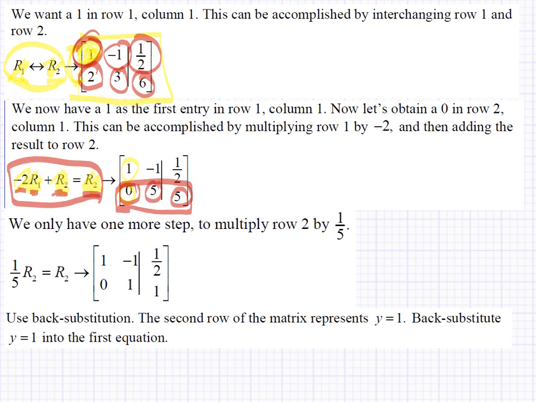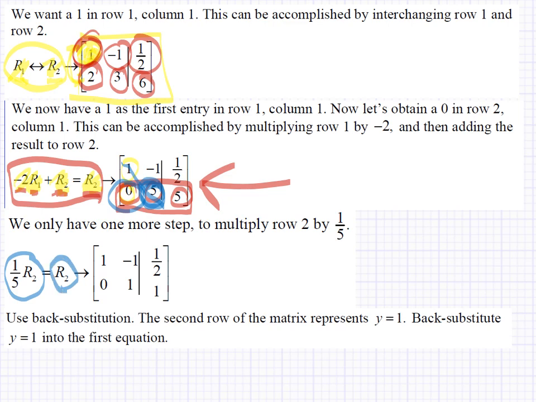So now this is the new matrix I'm working with. The next thing I want to do is get a 1 in this register so that I'll have 1s in the diagonal and 0s below. The way I can turn this value into a 1 is simply by dividing it by 5. So if I take row 2 and divide it by 5, which is the same thing as saying multiply by a fifth, I'll get my new row 2.